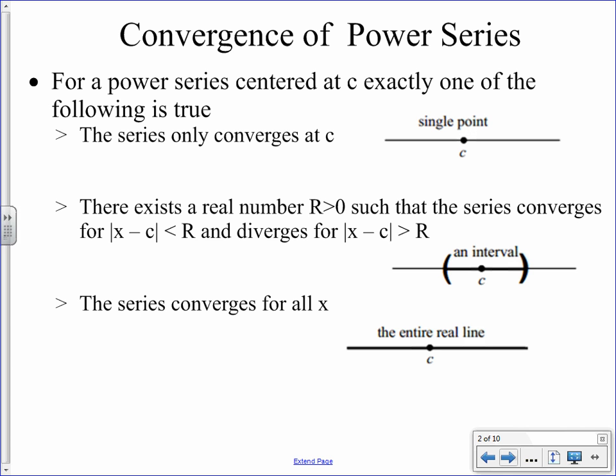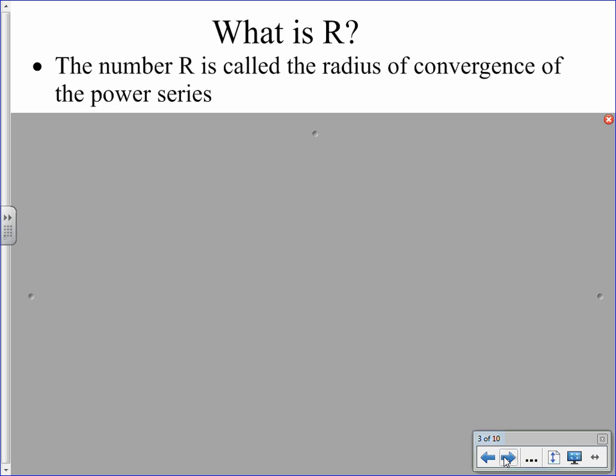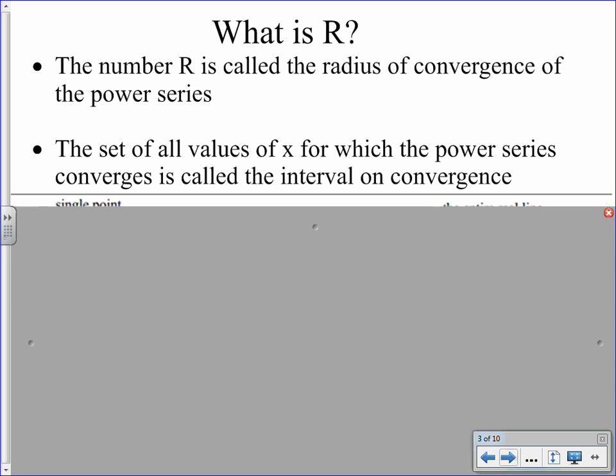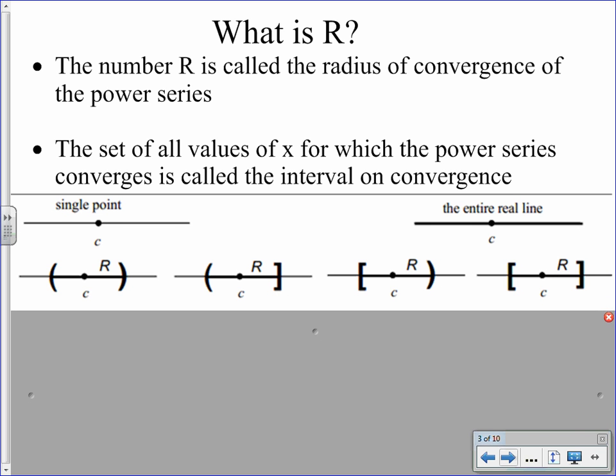So let's talk about R. R is our radius of convergence. How far away from the center will we converge? Now, just because we have a radius of convergence, that doesn't account for the endpoints. That gives us an interval, but then we have to actually check the endpoints. So these are the 6 different things that can happen. We can converge only at C. We can converge everywhere.